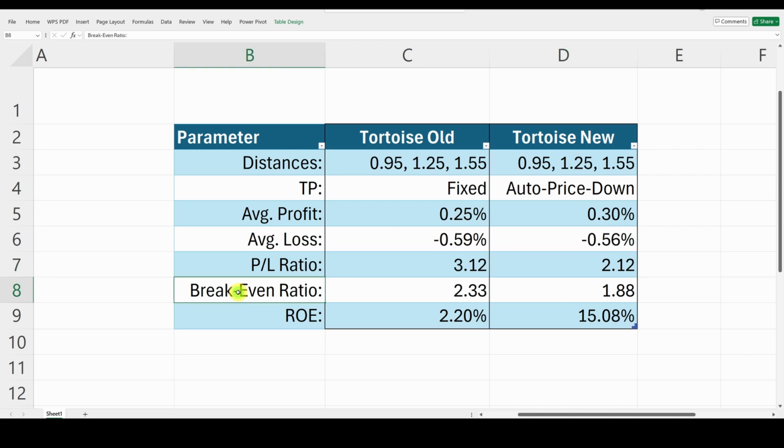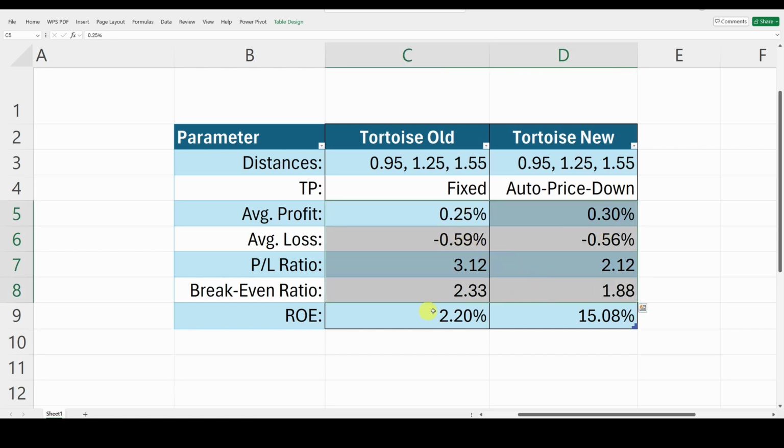But the break-even ratio has improved from 2.33 to 1.88 due to slightly higher takes and slightly lower losses. So, with these seemingly minor tweaks, the ROE shot up from 2.2% all the way to 15%.